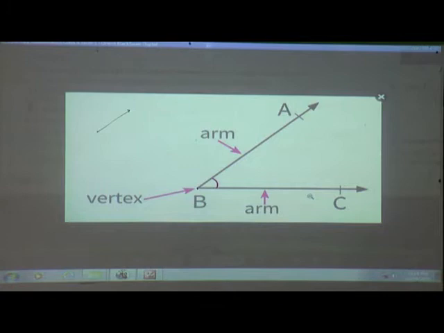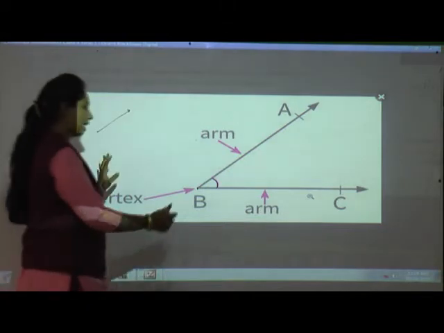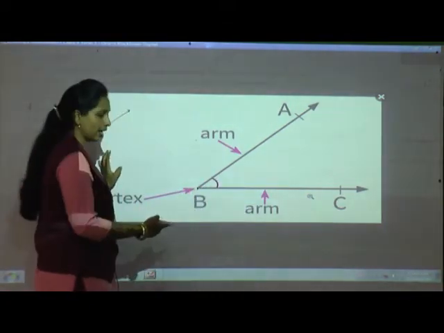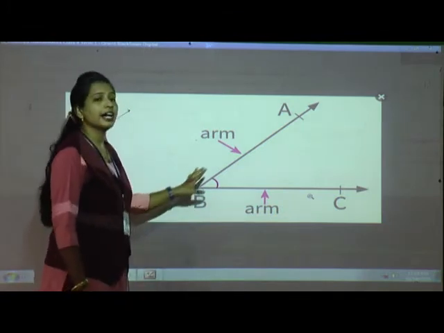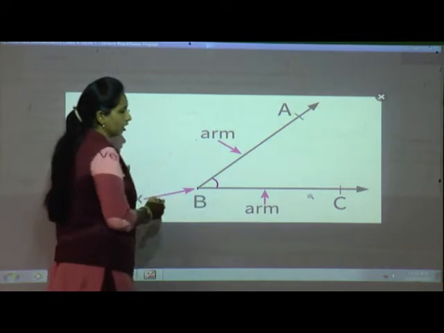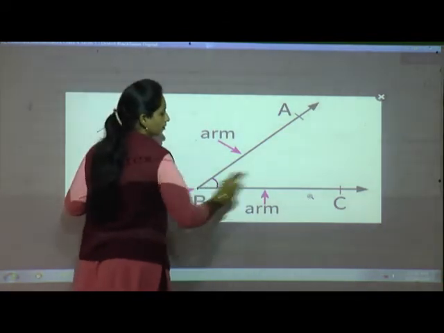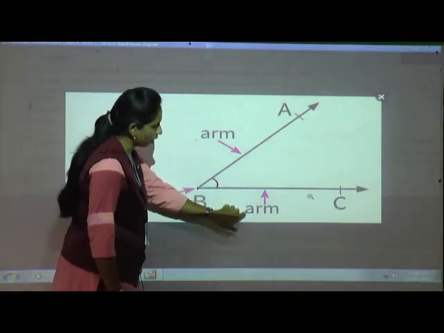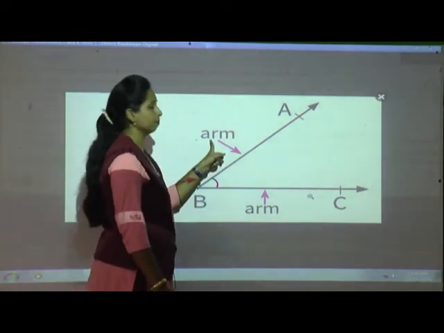Now the two rays forming the angle are called the arms of the angle. See, as I told you, these are two rays. When we join these two rays at the end B, it forms one angle and we have used one small curve. When they form an angle, both are called arms.